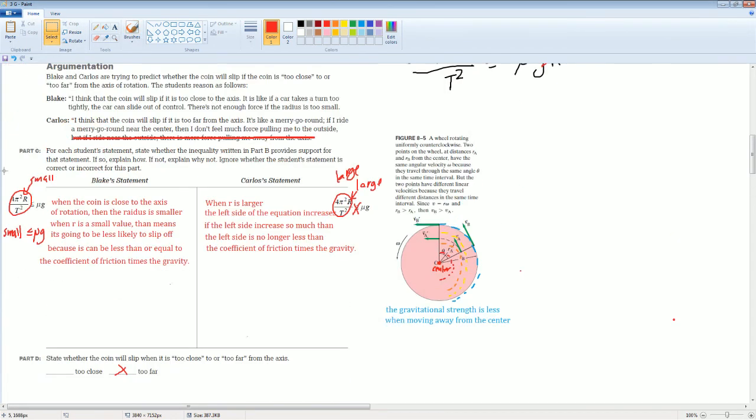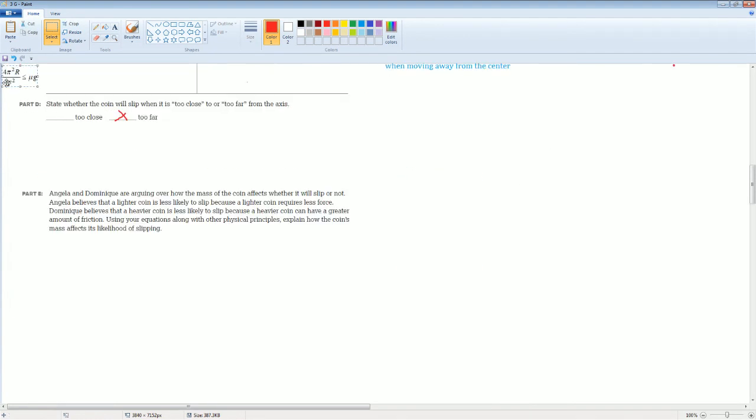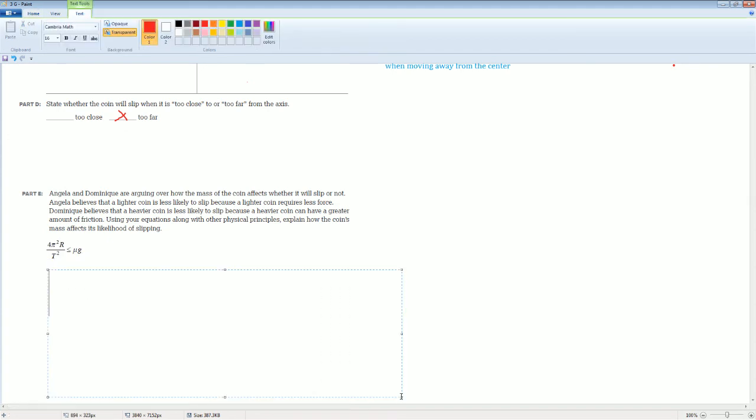Okay, so you look at the equation here. Mass cancels out. Boom. Mass cancels out.